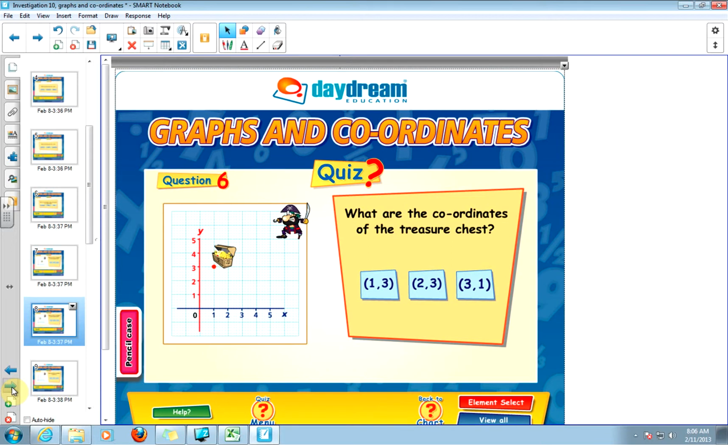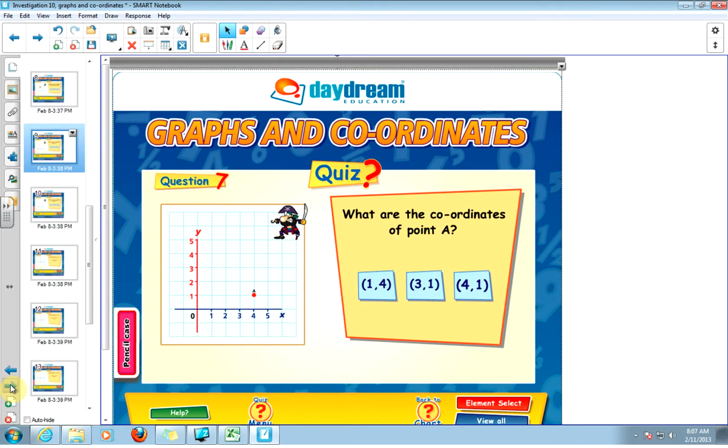Question 6. What are the coordinates of this treasure chest? 1, 3, 2, 3, or 3, 1? Question 7.